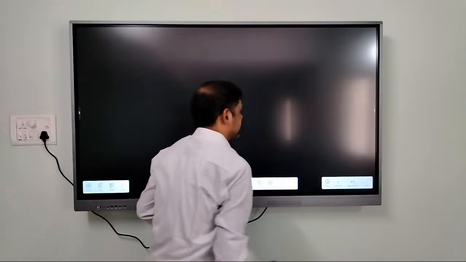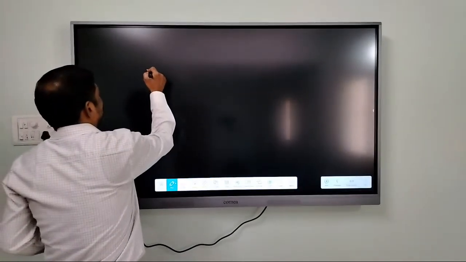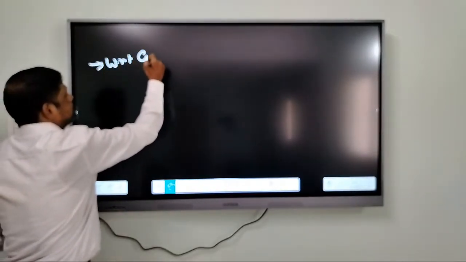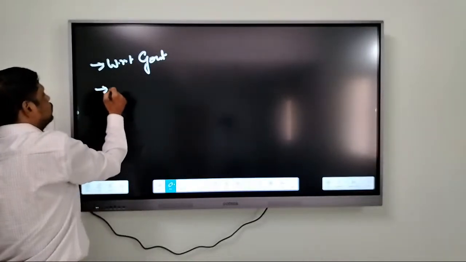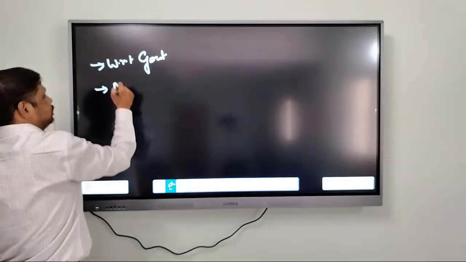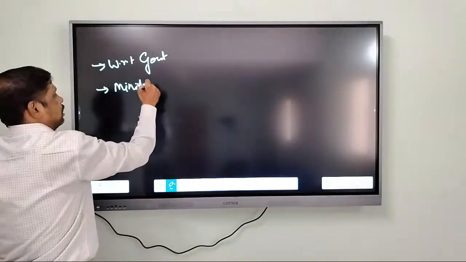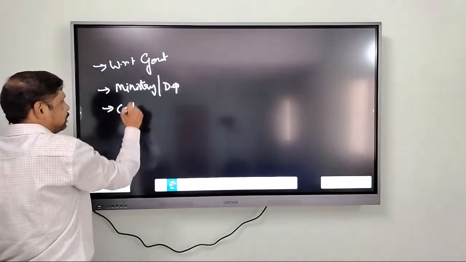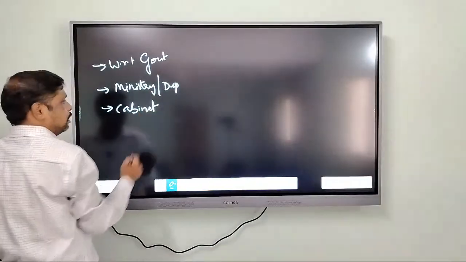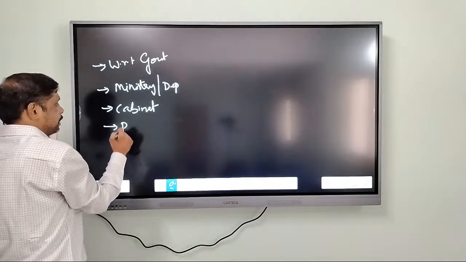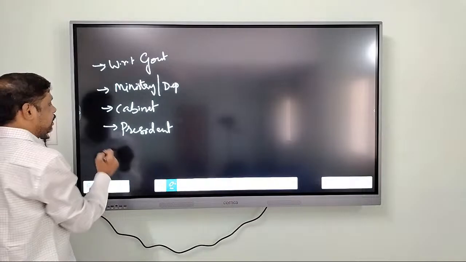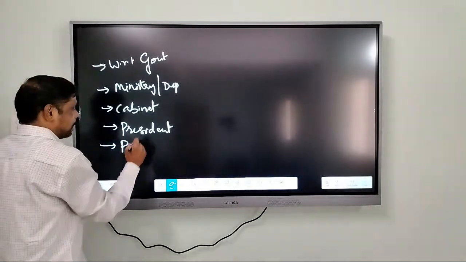Let me use one chart. We can discuss the role of the prime minister with respect to government, with respect to his ministry or departments, with respect to the cabinet, with respect to the President of India, and with respect to Parliament.